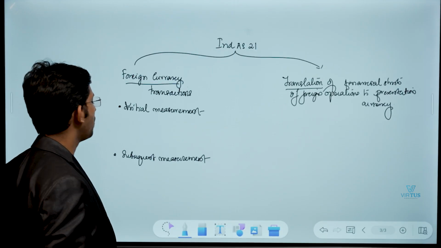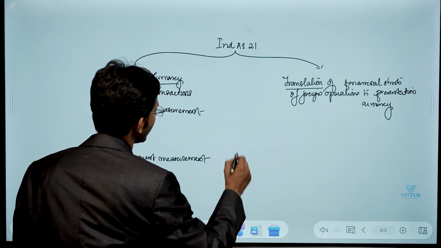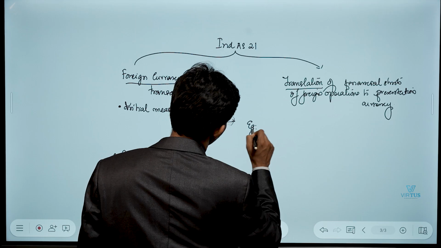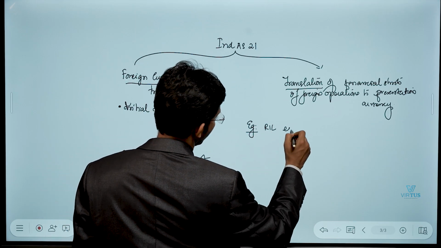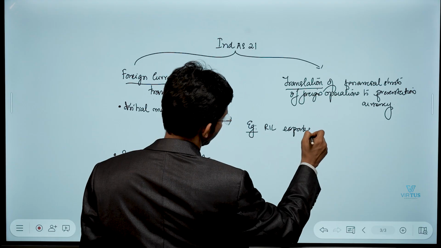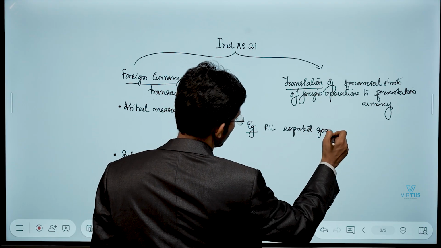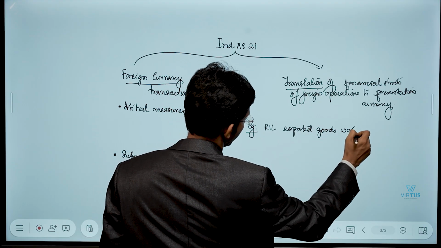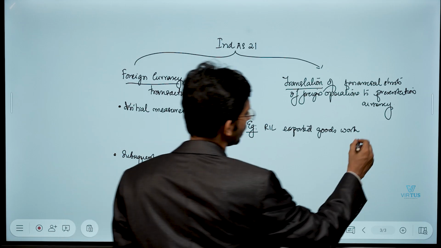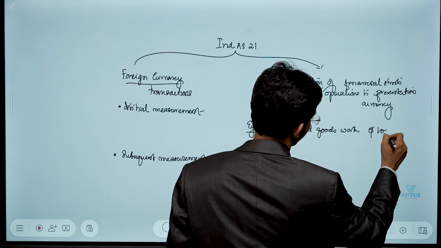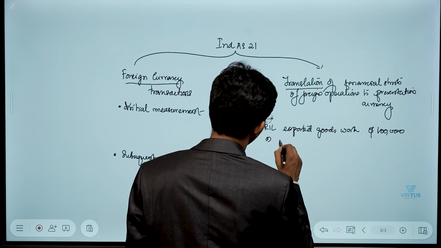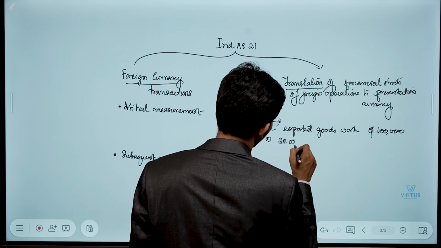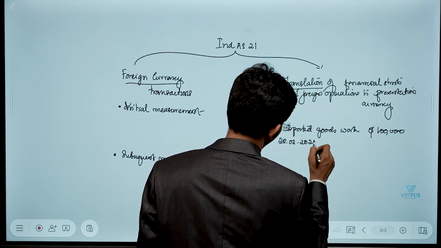So what is this initial measurement and subsequent measurement? Let us take an example. Reliance Industries Limited exported goods worth, I'm just taking one example, $100,000 on, let's say, 28/2/2025.